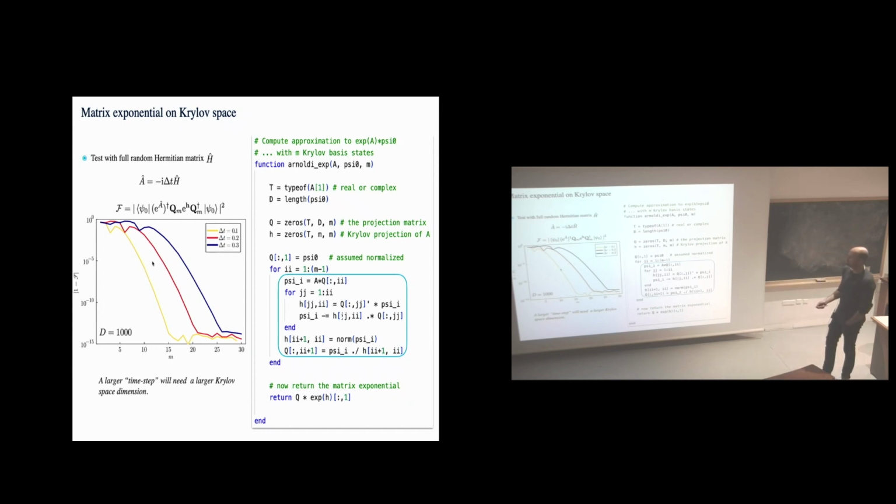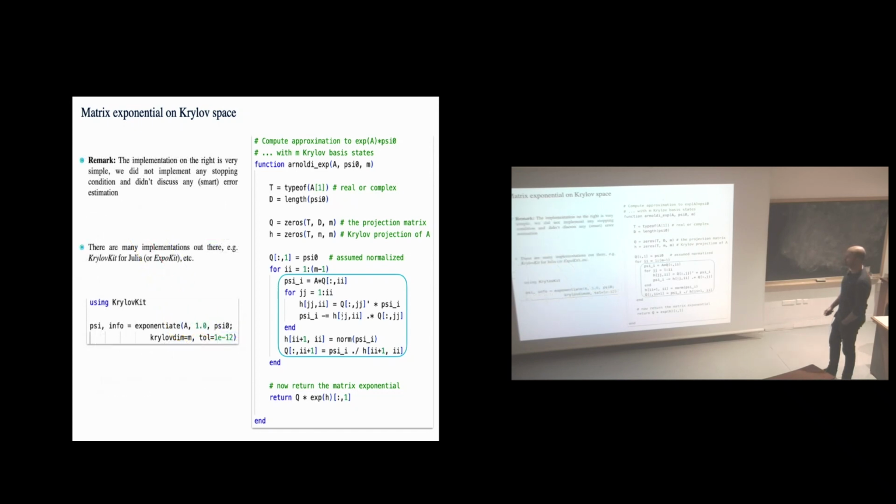So if I make a larger time step, I'm going to use more Krylov vectors, which is very intuitive, because if I want to evolve my system over a very large step, I need to involve many eigenstates in the system, many powers of this matrix applied to my initial state. But technically, this is ridiculous. Something on the order of 20 is essentially free. And 0.1 is always a good time step to use. So this is really a very nice method to use.